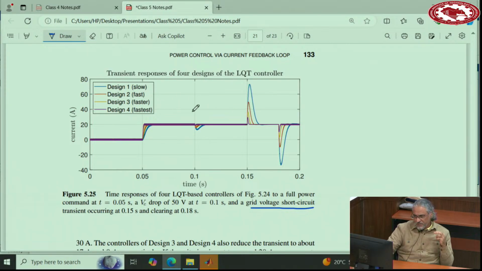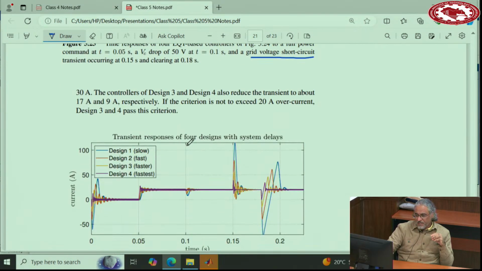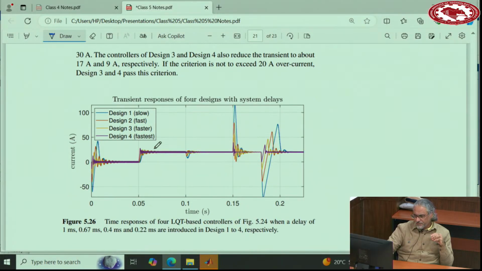If you use faster, it will go to 38 maybe, and if you use the fastest one, it will go to 30. Really the fastest one can only limit the current, but that fastest one will have other problems like delay margin and other things. Now let's look at this one.